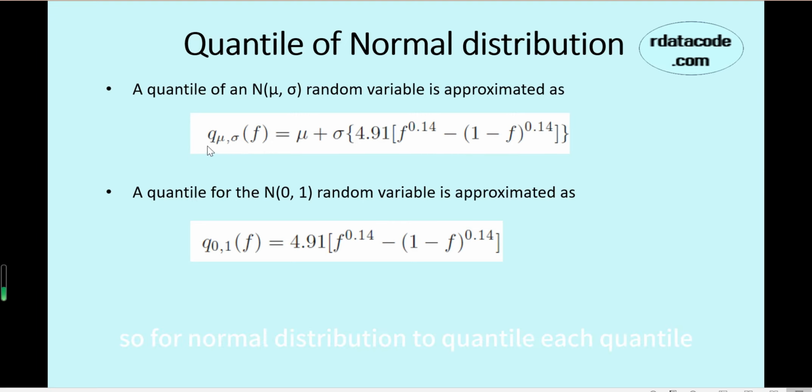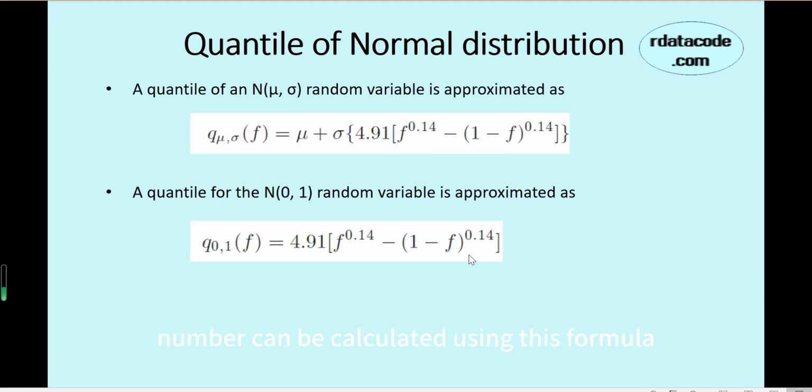For a normal distribution, each fraction is from 0 to 1, so we can calculate a quantile value for each fraction with mu and sigma. For the standard normal distribution, the quantile value for each fraction can be calculated using this formula.